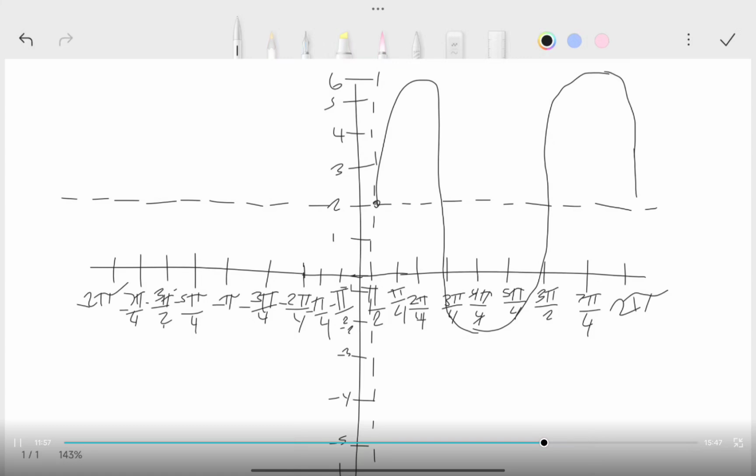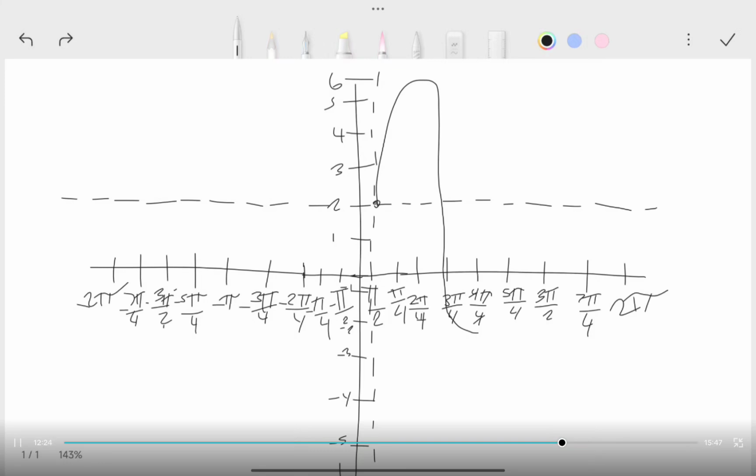This is wrong, wait. Go to, no, wait. Go to 3 pi over 4 into the negative 2, which is the minimum, and our maximum is positive 2.